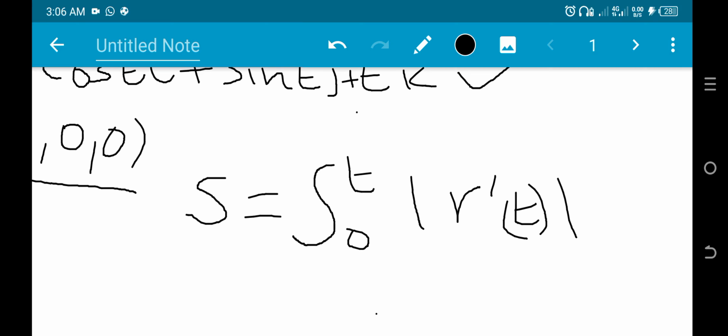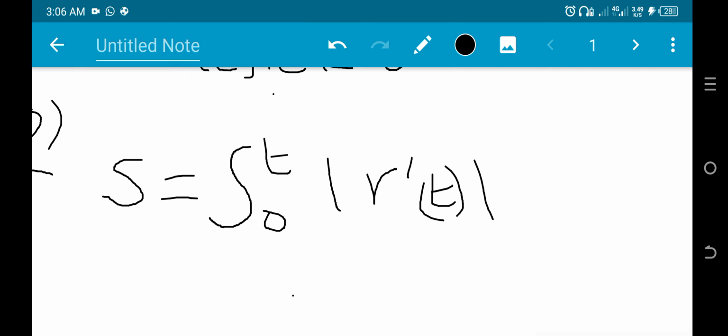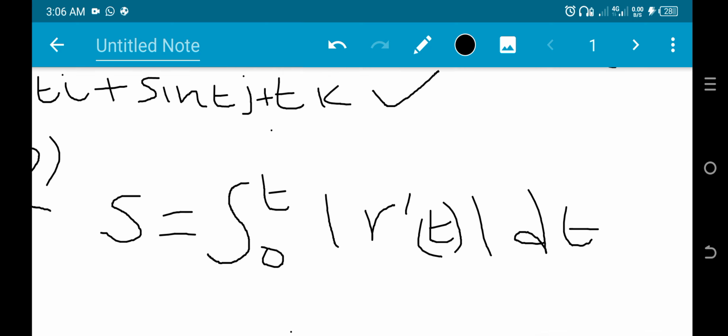But now, there is a catch. If you are integrating the magnitude of r prime t, it means we are supposed to use dt. But if you look at this, our upper bound is t. So there is a need for us to replace the t in r prime t with any other letter which you come up with. You can choose u, or any letter which is suitable for you, other than t.